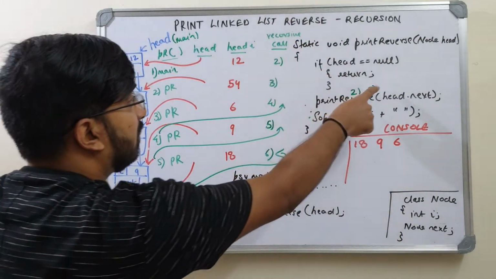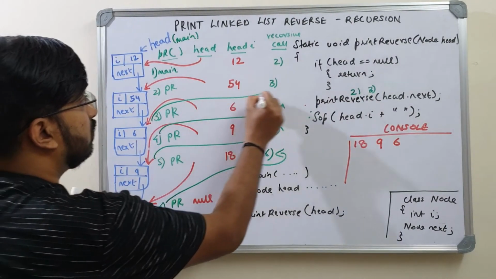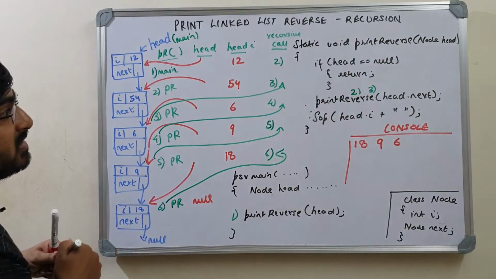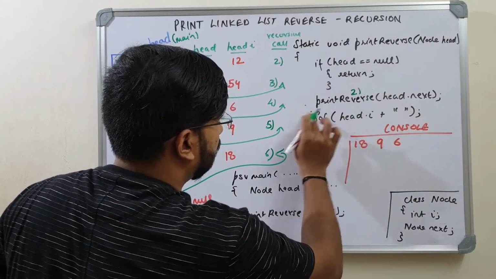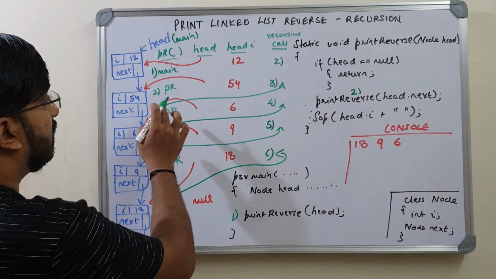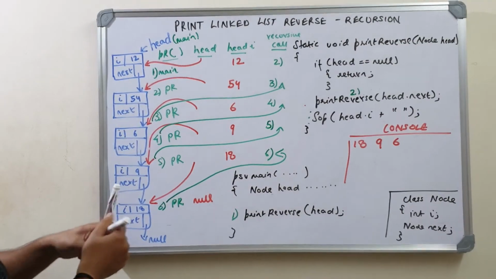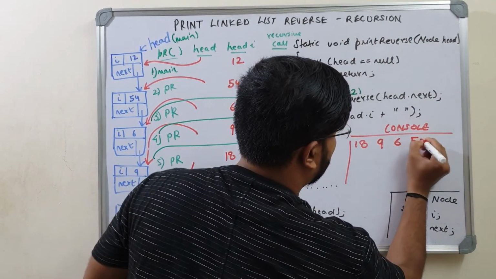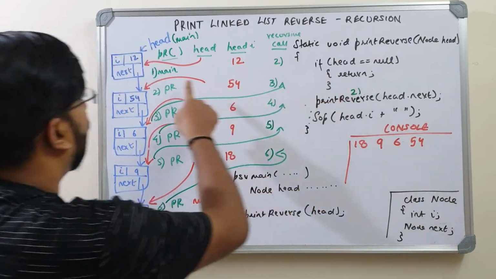You go back. Third was called from 2. So you go to 2. So the recursive call to third ends at 2. So the control comes now here. You print head.i. Head in the call 2 is pointing to this location. So you print 54. You come here, the method ends, you return. So 2 was called from 1.